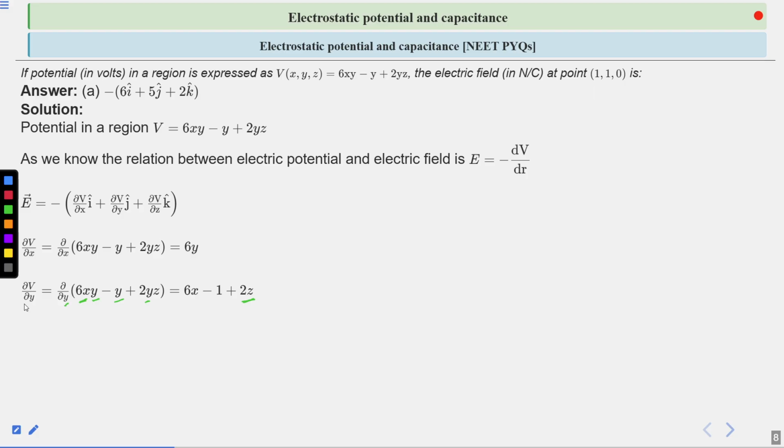So the partial differentiation of the potential with respect to y is 6x minus 1 plus 2z. Similarly for del V by del z, partial differentiation with respect to z: the other terms are constant because z is not present, only this term has z. So 2y comes out and del z by del z is 1. So 2y will be the answer for this differentiation. Got it?